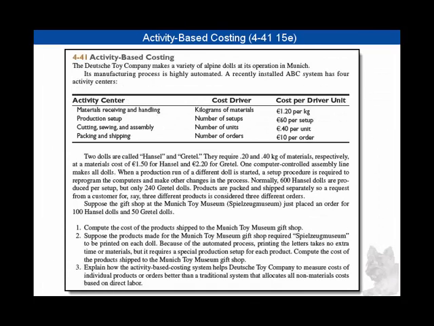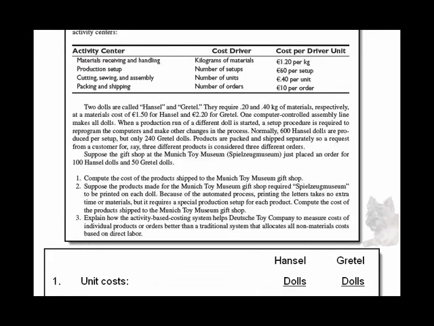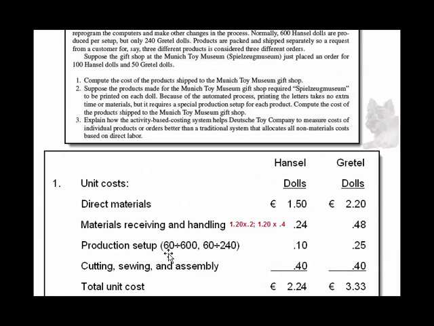Let me show you where that came from as well. Right here we have 600 Hansel dolls are produced per setup and only 240, and we have a production setup cost of 60 euros per setup. So I take the 60 divided by the number of units produced. So 60 euros divided by 600 units, and 60 euros divided by 240 for Hansel and Gretel respectively.